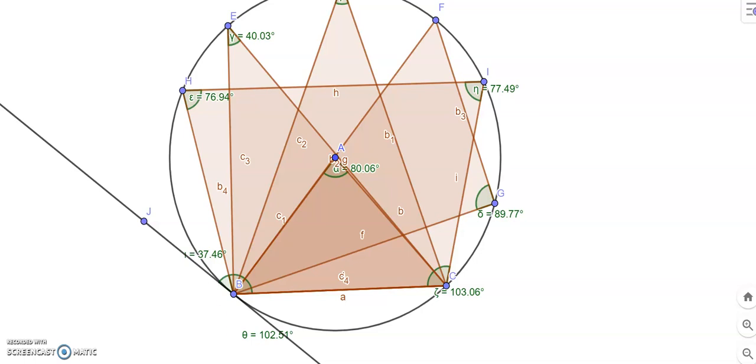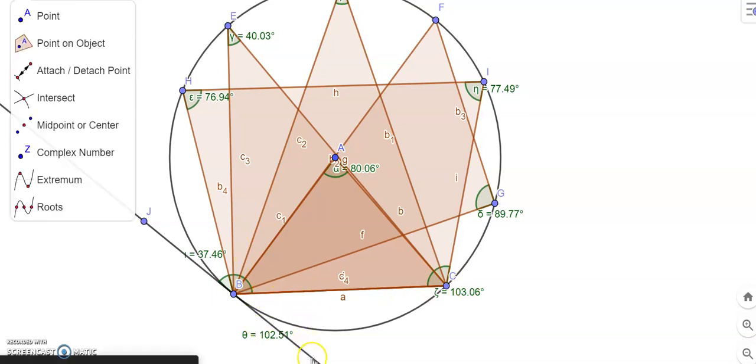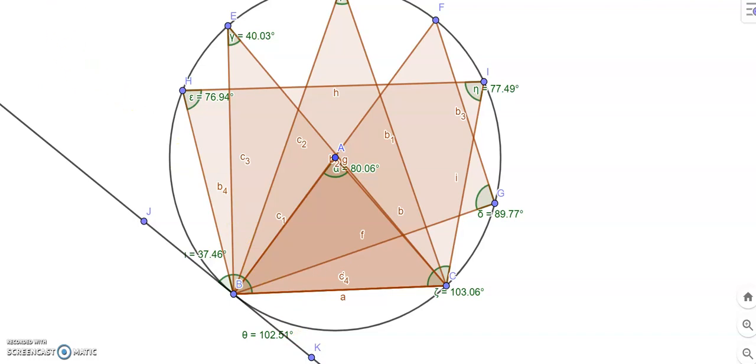Also, we can have another angle at this particular point here, which is 40.03. Look at this segment, the segment KC, BC. This angle at B, that is CBK or KBC.